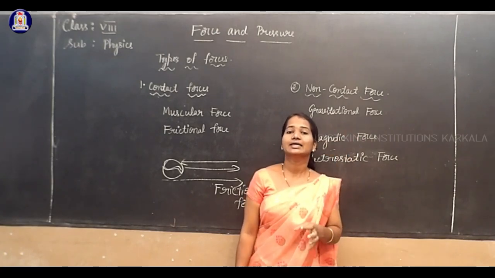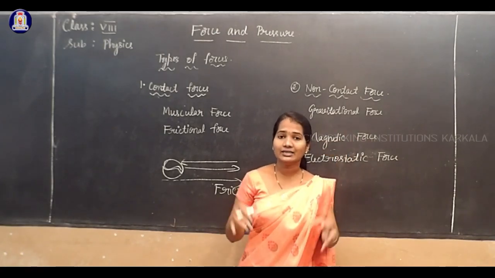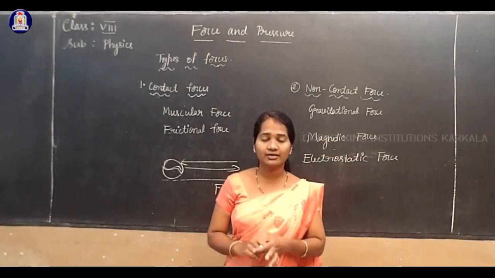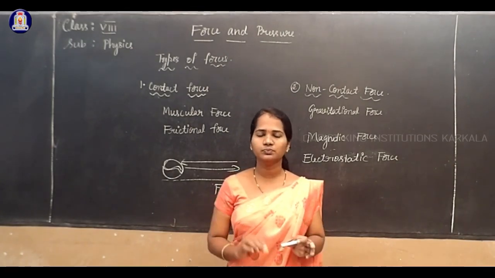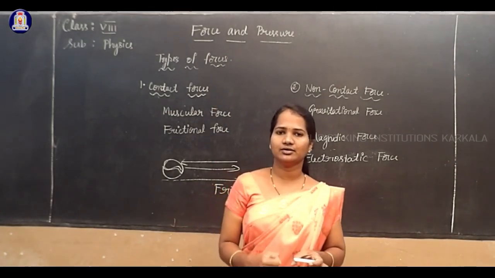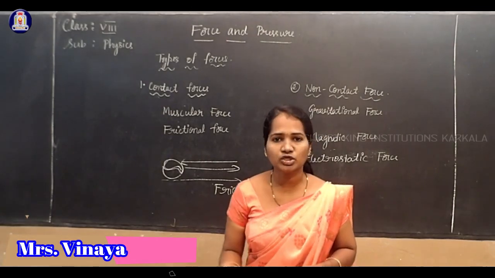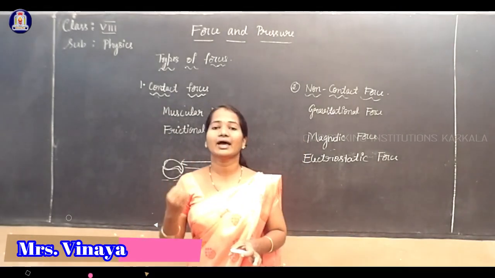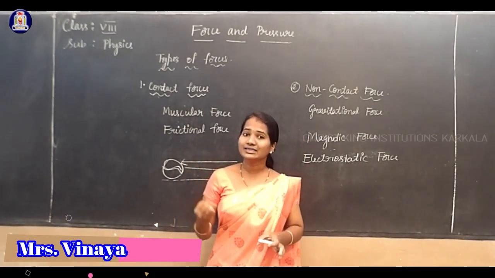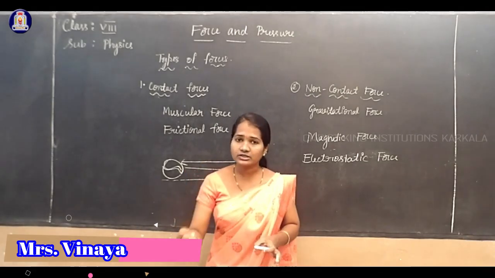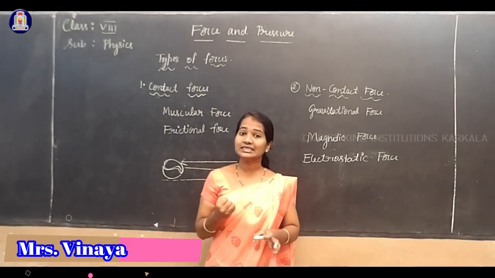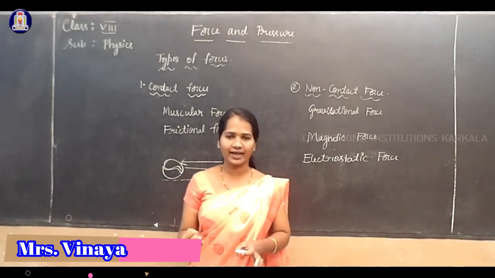Earth has gravity, in the sense that earth has the capacity to attract each and every object towards its center. Earth has the gravitational pull, the gravitational attraction. Gravity is nothing but force of attraction.